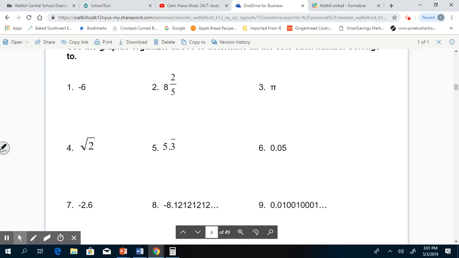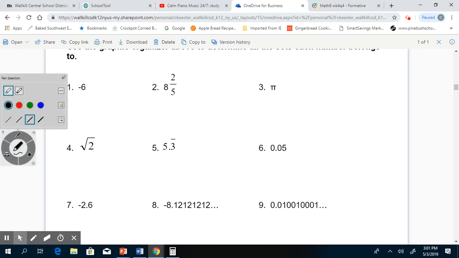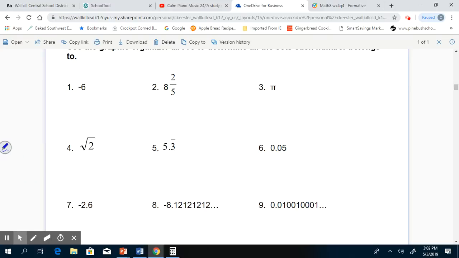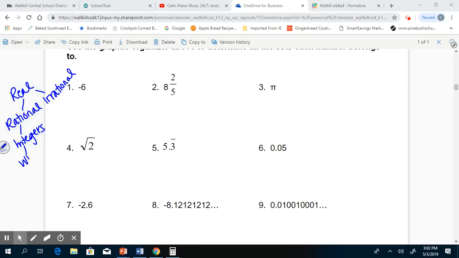So for -6, we have to think about, well, what is the smallest group that -6 fits into? So again, I'm just going to write it here so I can show you. It's real, and then rational, irrational, integers, whole, or natural.